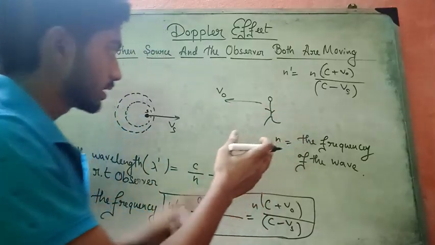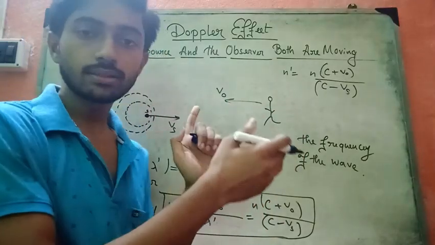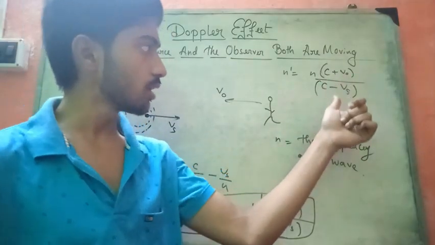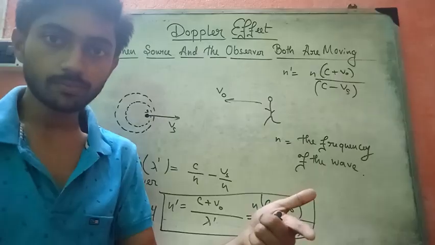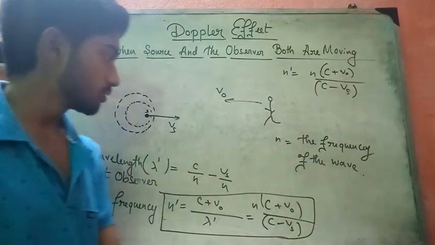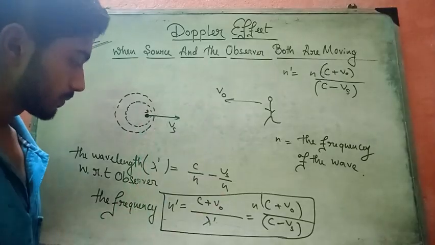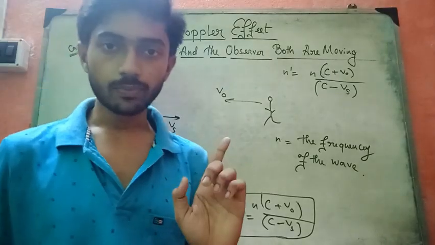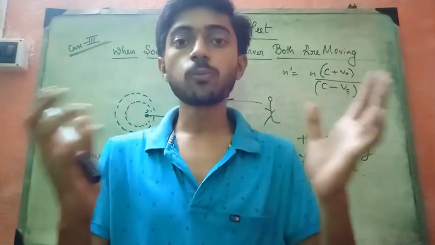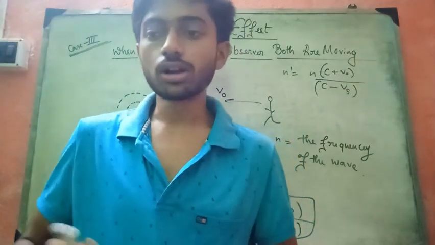So as they come closer, as the velocity of both increases, there is some change. Okay, and now let's assume that the observer and the source are moving opposite to each other. Then what happens?